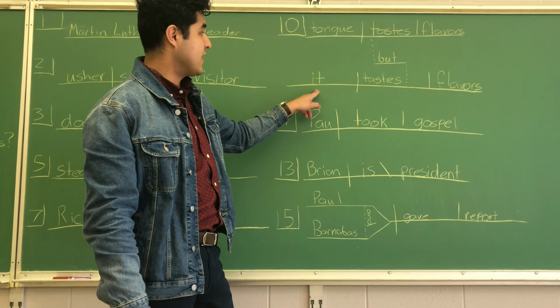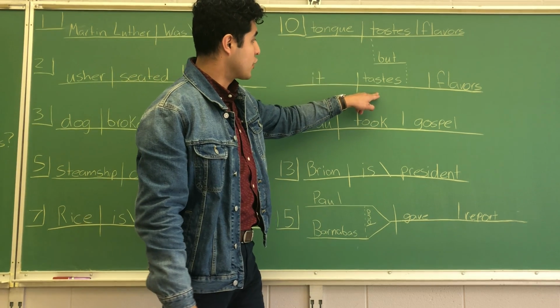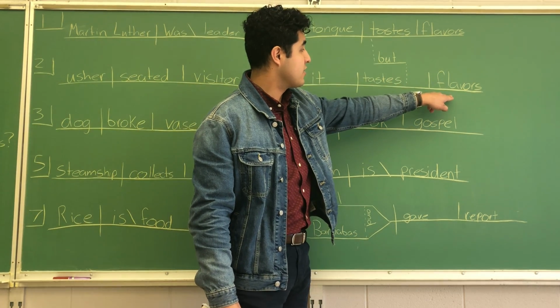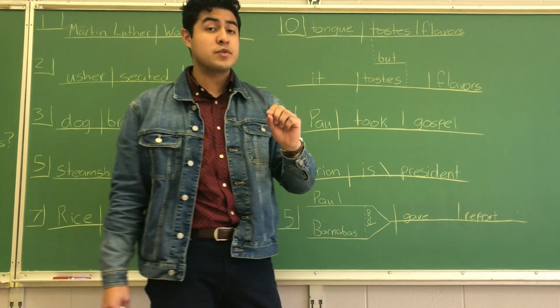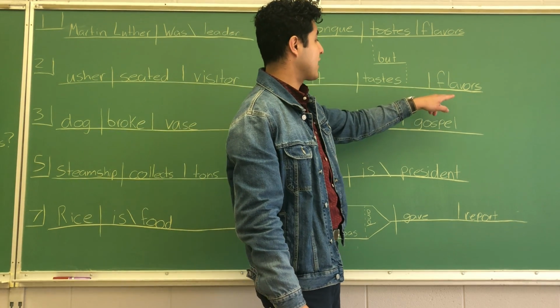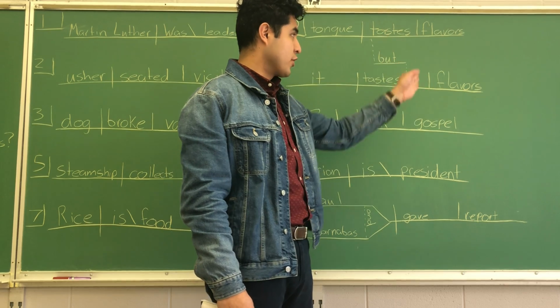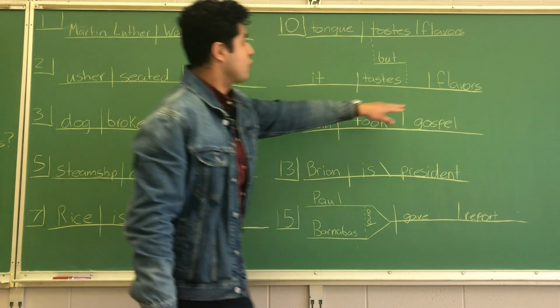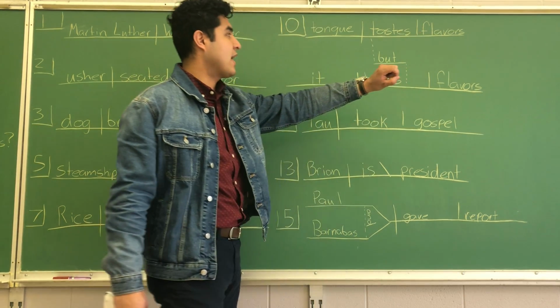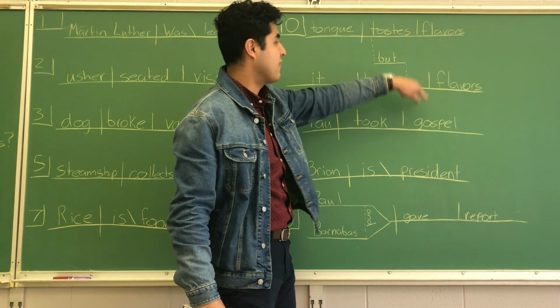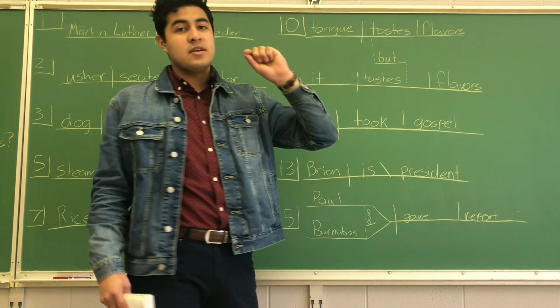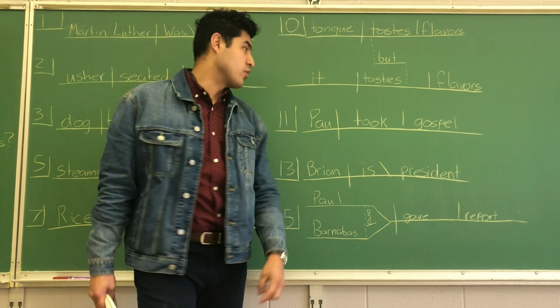The subject is it, taste is an action verb, so that means flavors is a direct object, and our line has to be vertical because it's a direct object. So both sentences have direct objects, so both sentences have vertical lines, okay? Very important, make sure they don't cross the horizontal line.